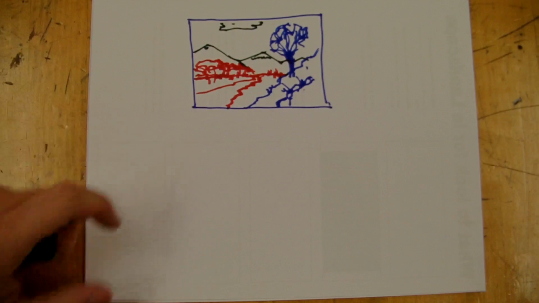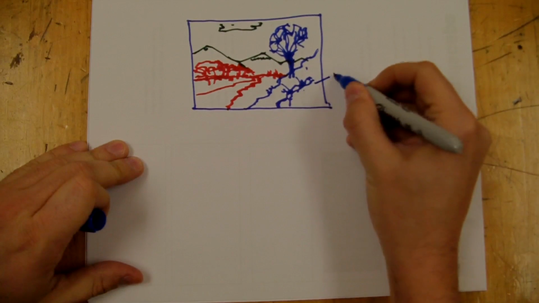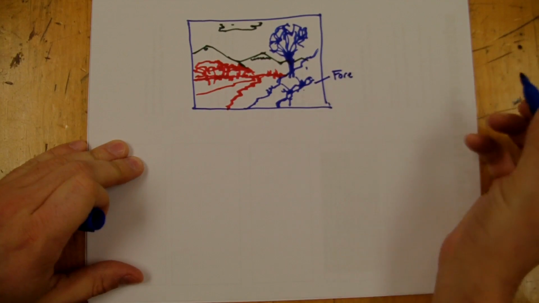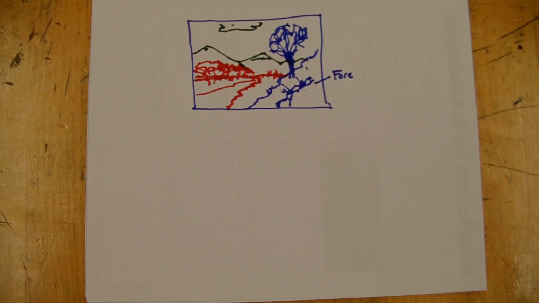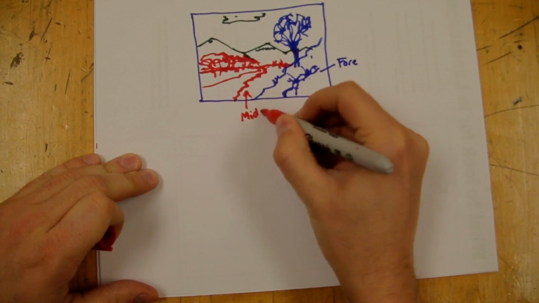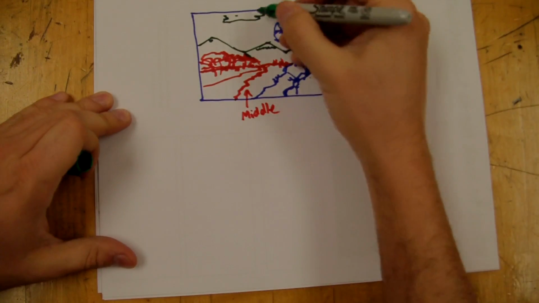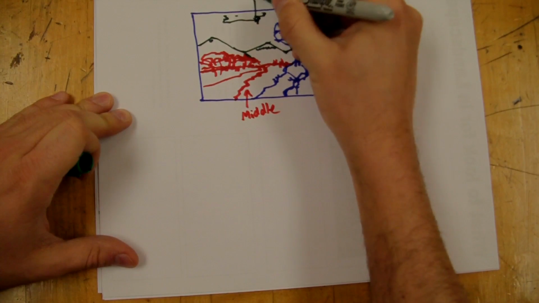So what I've got now is my foreground, objects that are close up, my middle ground, which are objects that are kind of far away, and my background, which are objects that are very far away.